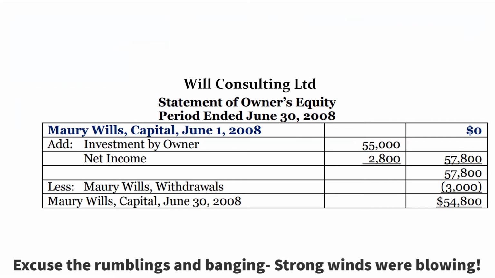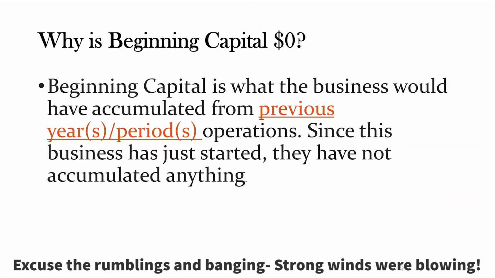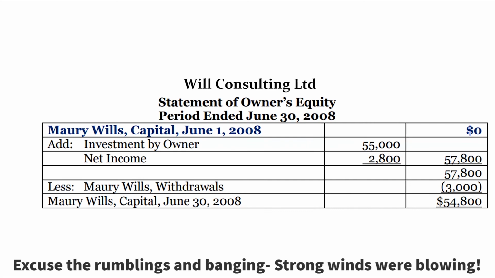Again, we have the name of the company that we're doing the statement for, right? The statement that we're doing, and the period for which we're doing it for. I went ahead a little bit. I hope you didn't see it, right? So we're starting with beginning capital. We're adding the owner's investment of $55,000 based on our transactions.